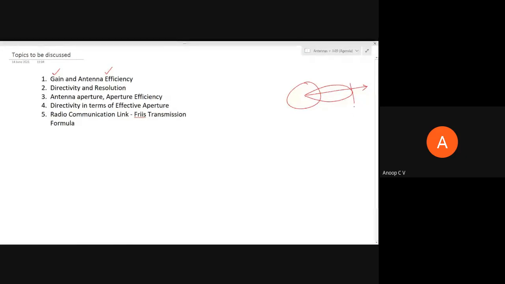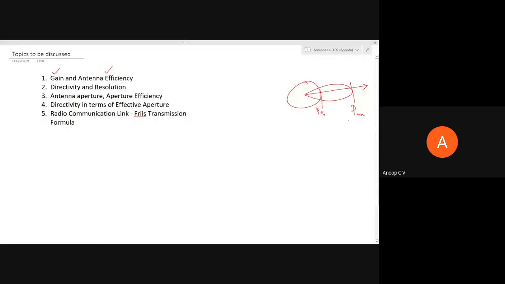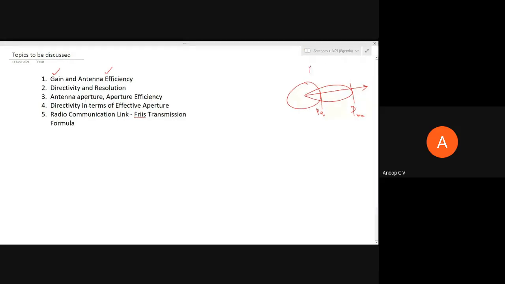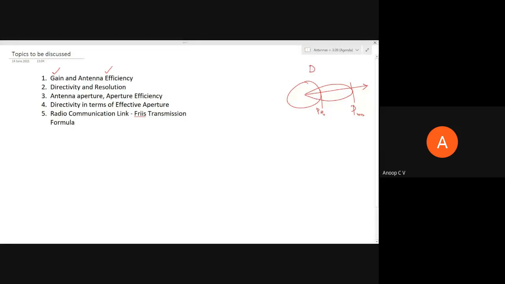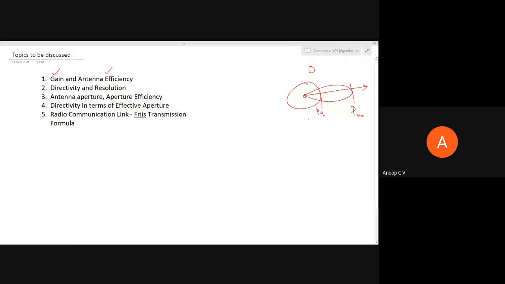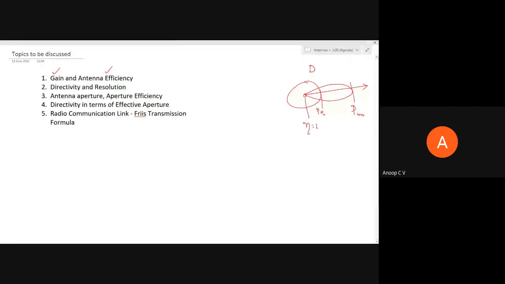If this is P max, the maximum power, and this is the average power, it is the ratio of P max by P average. It's an ideal value, because when finding directivity we assume the antenna is an ideal directional radiator, with efficiency eta equal to 100%.